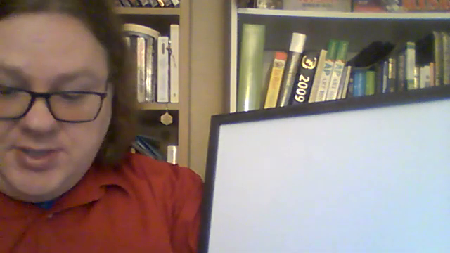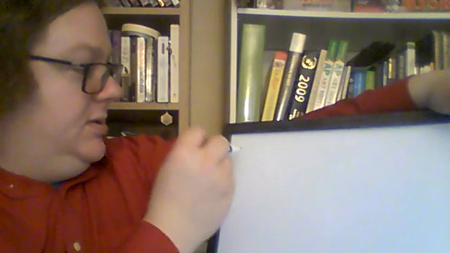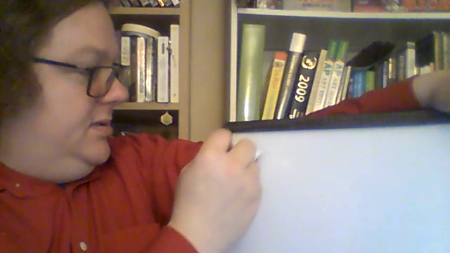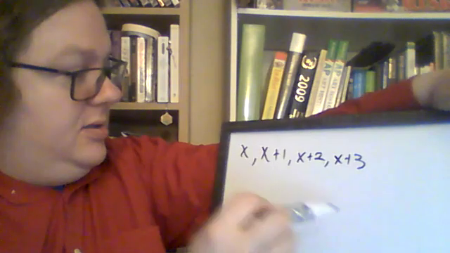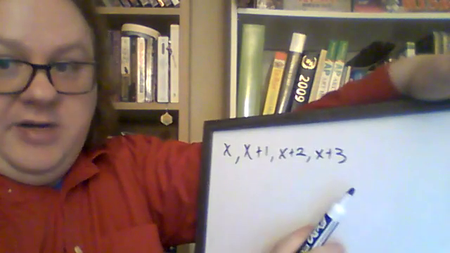Okay. The sum of 4 consecutive integers is 27 more than the lowest of the integers. What? Okay. The sum of 4 consecutive integers. So, x, x plus 1, x plus 2, and x plus 3, those are 4 consecutive integers, right?